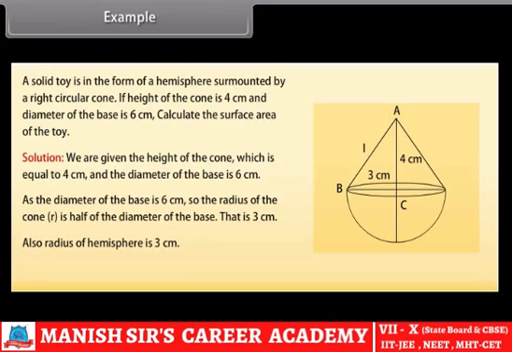Now to find the surface area of the toy, we need to find the curved surface area of the cone and the curved surface area of the hemisphere. The curved surface area of the cone is equal to pi r l. So, now we have to find the value of l, the slant height.